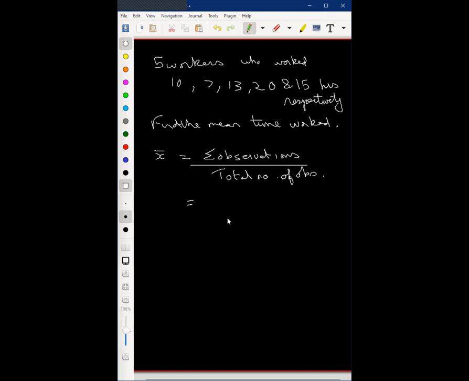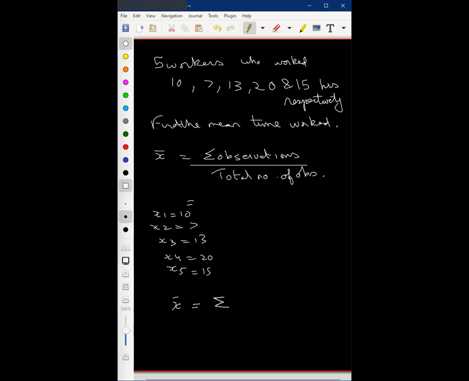Let each of them be x1 is 10, x2 is 7, x3 is 13, x4 is 20, and x5 is 15. So what will x bar become? X bar is nothing but, remember I told you this sign called sigma, which is the total.